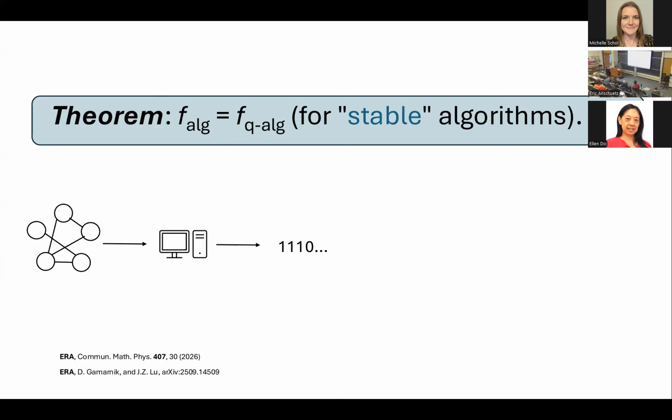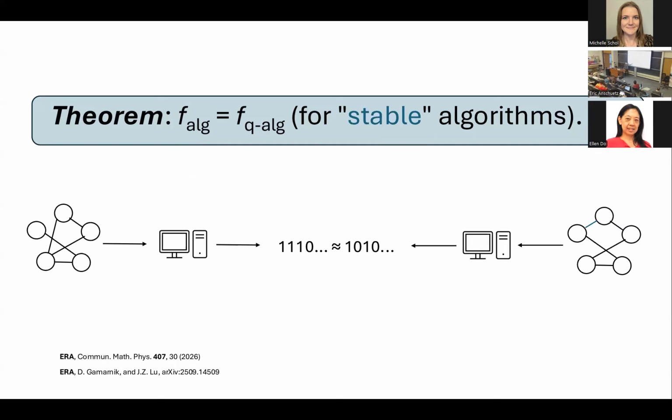All I mean by stable algorithms is, if I have some graph input for max clique to my algorithm and it outputs some solution, then if I change the graph a little bit, so here I've just changed a couple of vertices and a couple of edges, then the output of the algorithm should be roughly the same. Slightly more technically, the algorithm has to be a Lipschitz continuous function of the inputs.